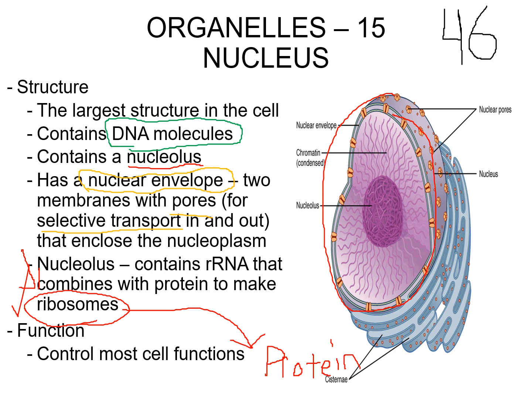So what we're going to have to do is take one cell and make two. Now, if I split this cell into two pieces, what we're going to get is two unhealthy, unviable cells. Because what happens when you split 46 in half?